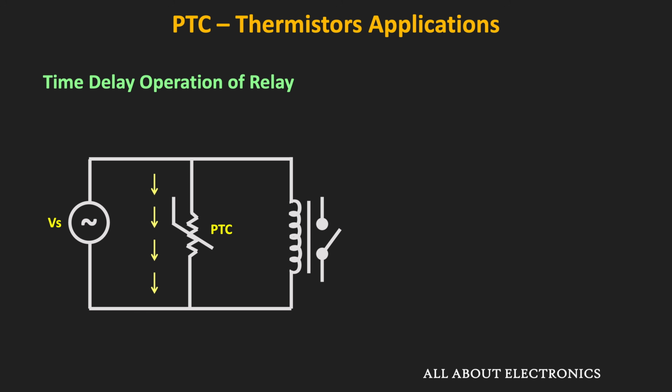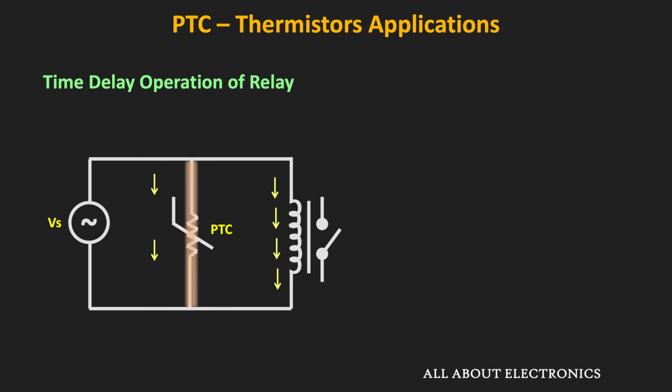As the current flows through it, because of the self-heating, its temperature will also increase. Once it goes beyond the Curie point, suddenly the resistance of the PTC thermistor will increase. Because of this increased resistance, the current flowing through the PTC will reduce, and more current will start flowing through the relay circuit. Because of that, the relay gets energized and will be in the on condition. In this way, it is possible to delay the operation of the relay circuit.